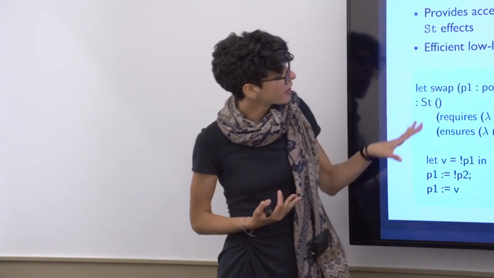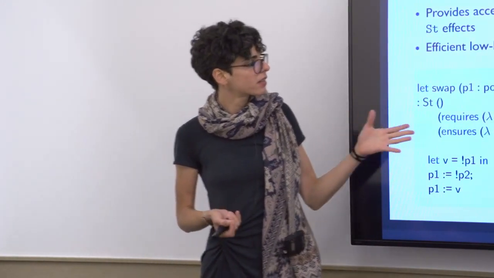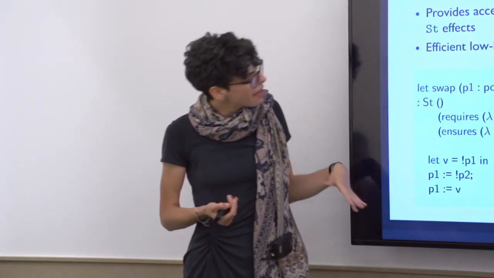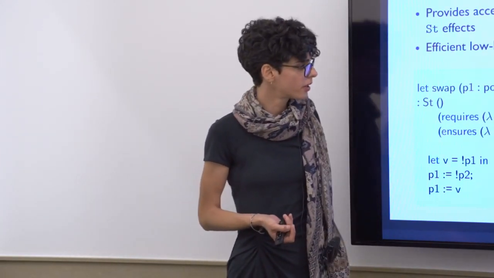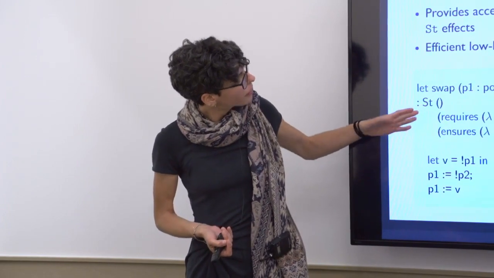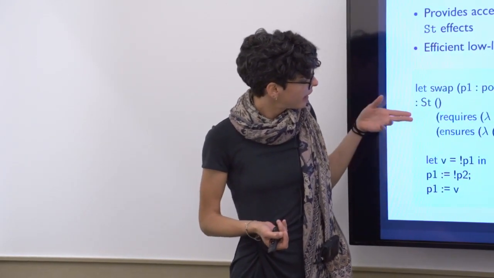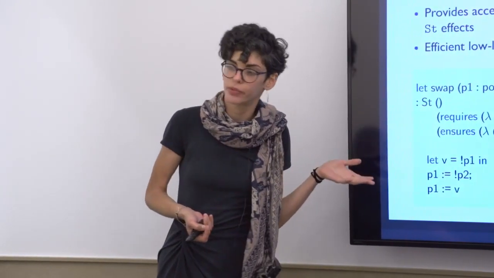For instance, we can write this program swap that takes as parameters two pointers and then swaps the values of these two pointers. And we can, again, annotate the resulting type with pre and post conditions.